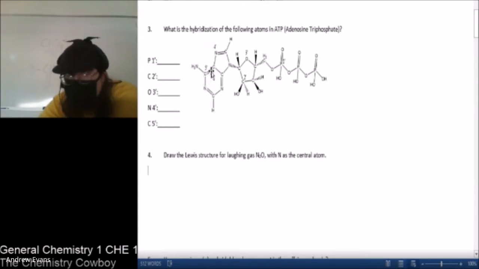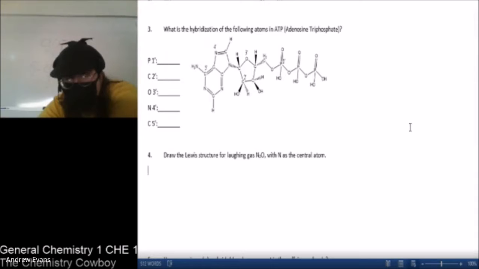If you had done this without drawing in the lone pairs, you would have said this oxygen is sp and that nitrogen is sp. So you've got to make sure to put in the lone pairs if they're not already given.